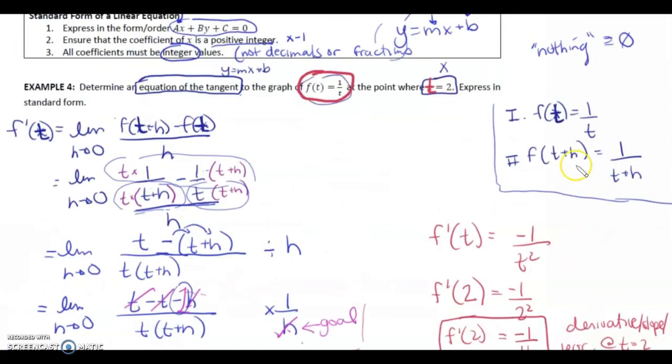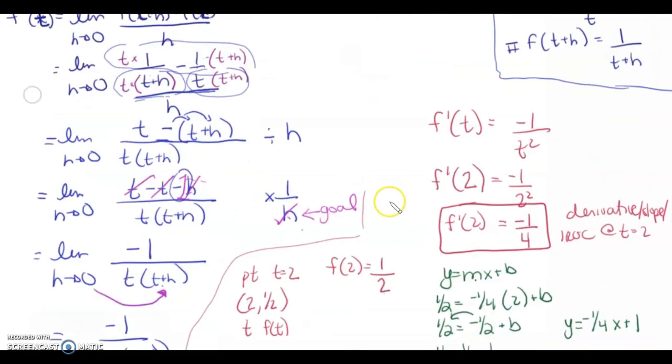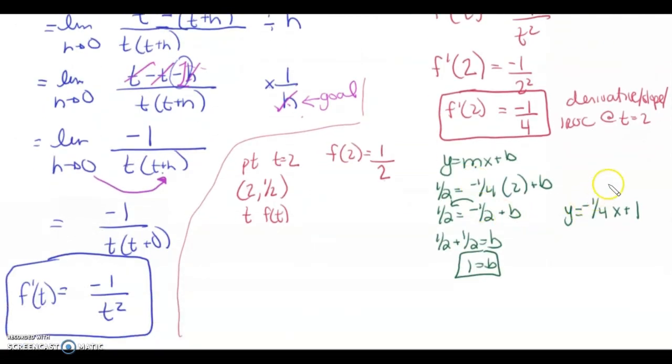Then the question asks us to express the equation of our line in standard form. So I'm going to bring everything over to one side. When I look at this, I see -1 over 4x. I see a negative on the x, and we know that the x value has to be positive. So I'm just going to kind of cheat and bring that over here.